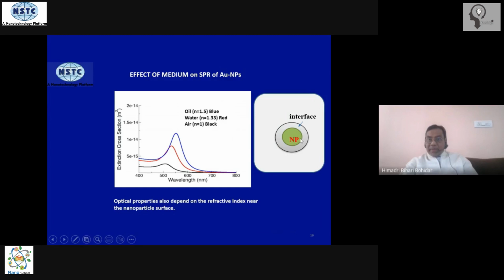So depending on the medium, it is possible to see a change in the color. So every time there is a change in the wavelength, remember that that will give rise to a change in color. Change in wavelength, it changes color. So if you change the interface, the solution will look different. All this information will be finally built into the nanosensor when you see visual detection of analytes.